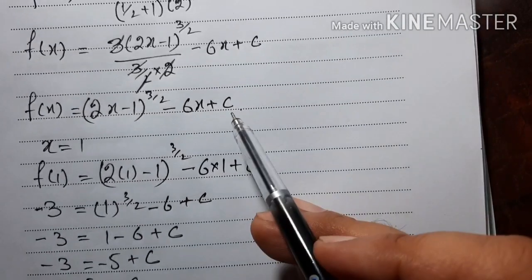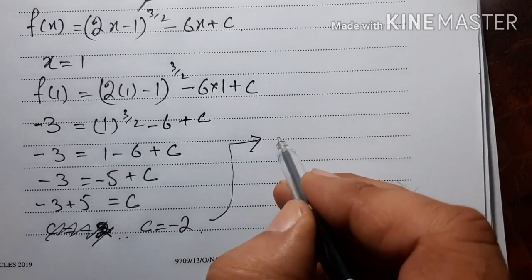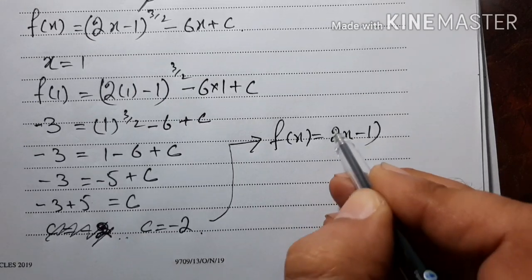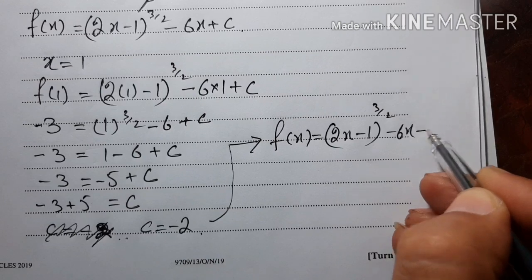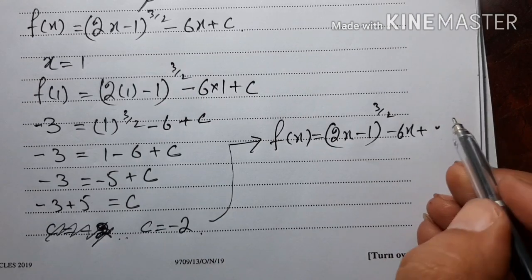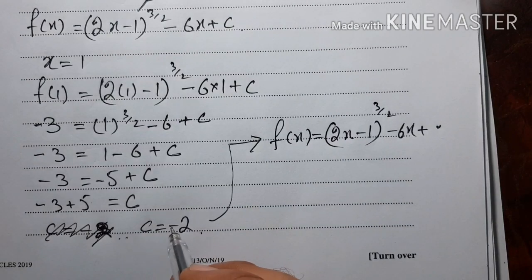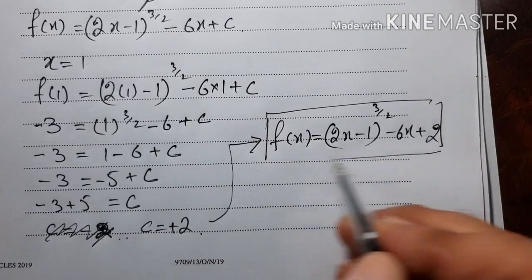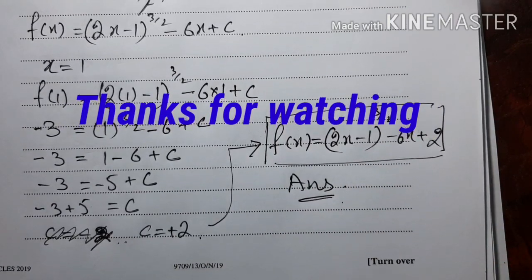So I'll put this value of c here. So my final equation will become fx is equal to 2x minus 1 power 3 by 2 minus 6x minus 2. This is the answer.